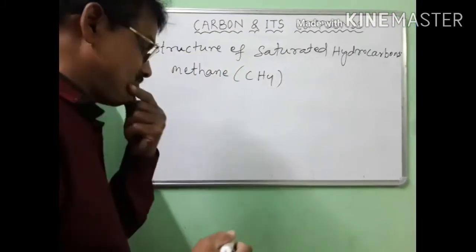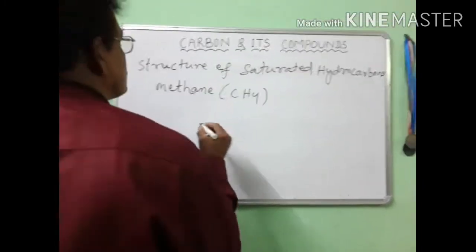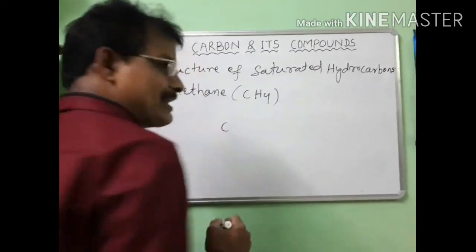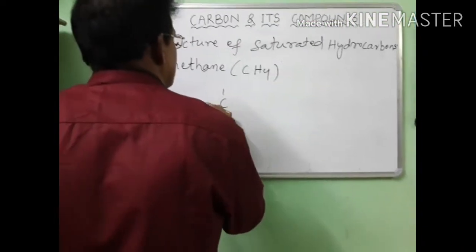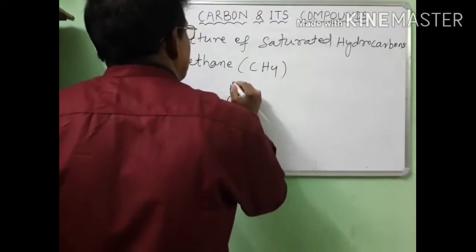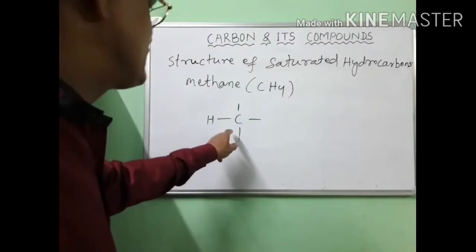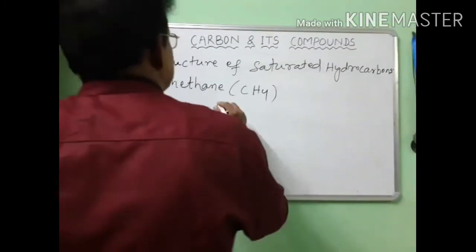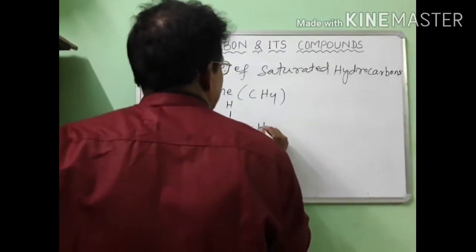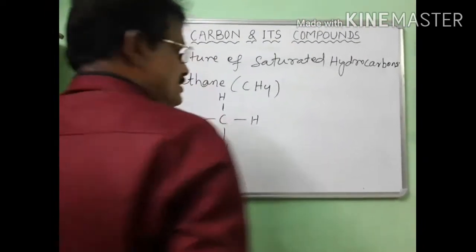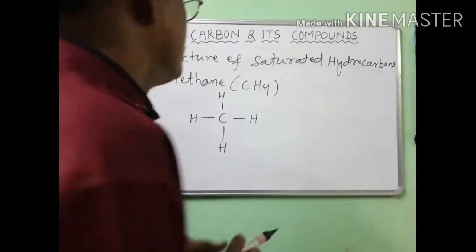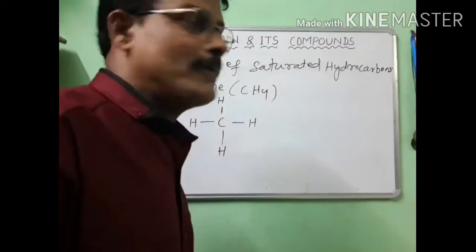Here, one carbon atom combines with four hydrogen atoms. Combine means share. One carbon atom is sharing with four hydrogen atoms. Clear? So this is the structural formula for methane.